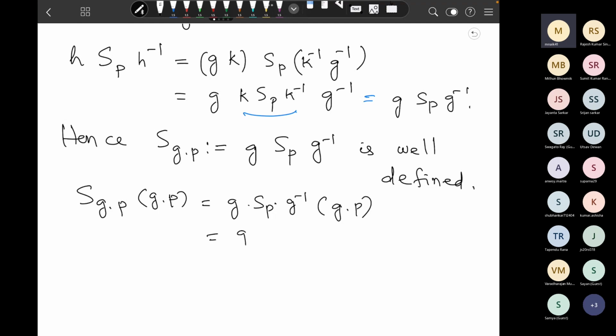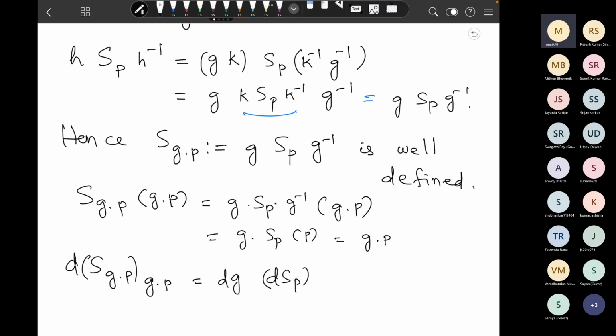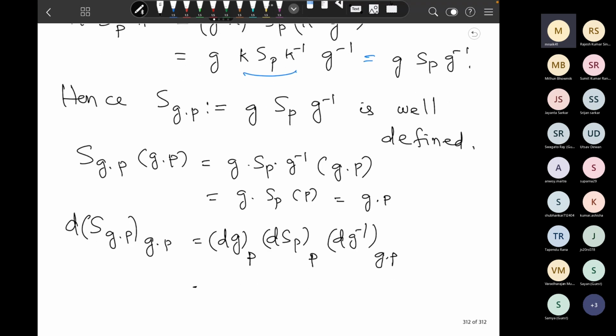So this is G of S_P P, and this is G·P. Now dS_{G·P} at G·P is dG, dS_P, dG inverse, and I put here first G·P, and G inverse G·P is P. Now I am given that dS_P at P is minus identity.